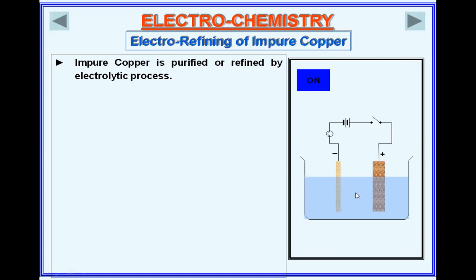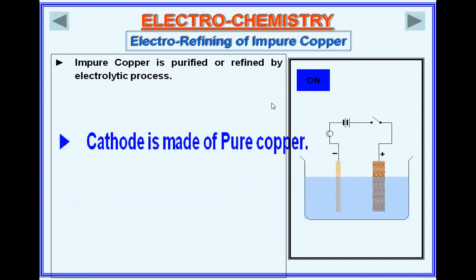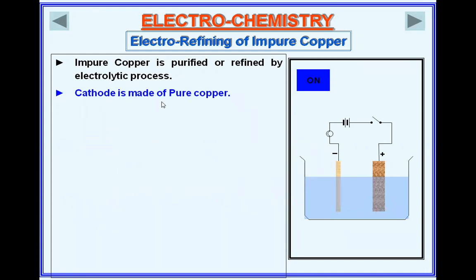The solution is copper sulfate, and the cathode and anode are both copper metals. The anode is a little bit larger than the cathode. The cathode should be thin, but the anode should be larger or thick. What happens when electrolysis is done? Before switching on the circuit, the cathode is made of pure copper, because copper ions from the solution must deposit at the cathode.